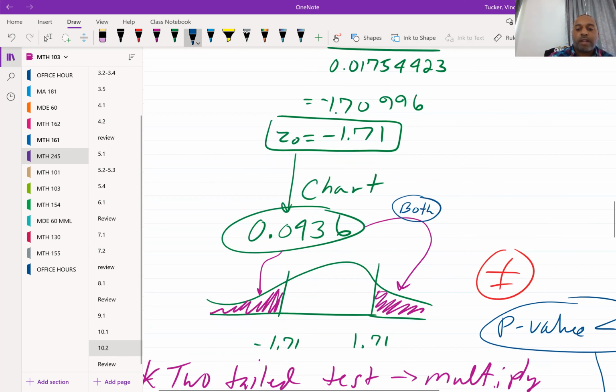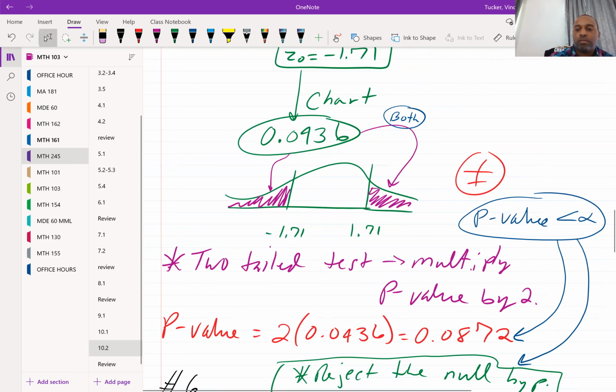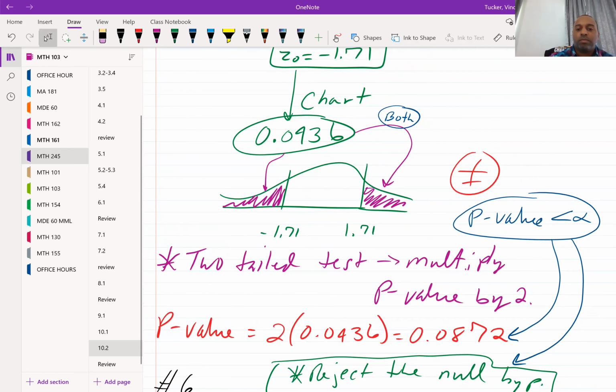So to calculate the p-value, we're going to multiply that by 2. So we get 0.0872.